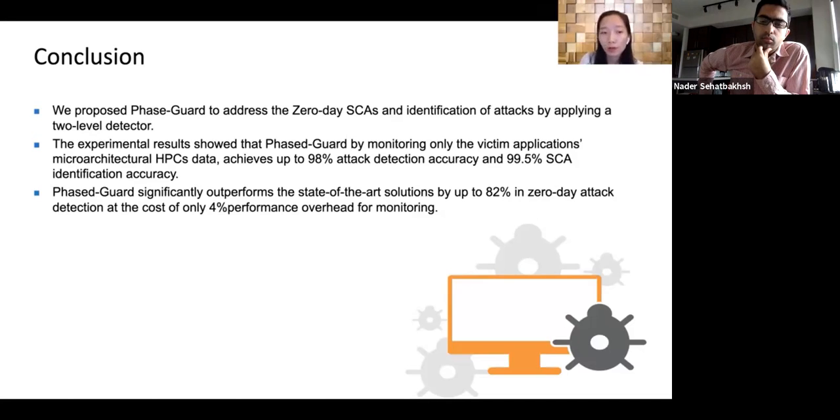Compared to prior works, the FaceGuard can significantly improve identifying 0-day attacks by up to 82% at a cost of only 4% performance overhead for monitoring. That's all my presentation. Thank you.